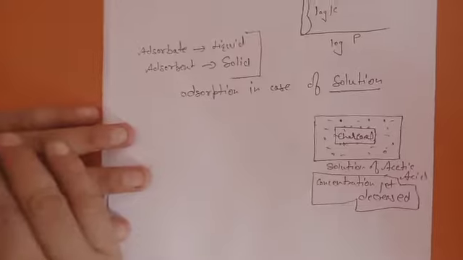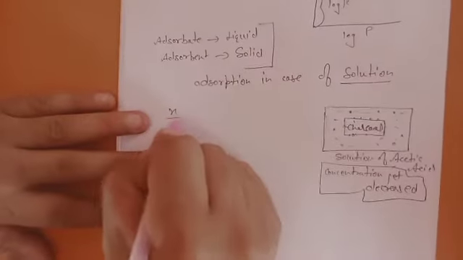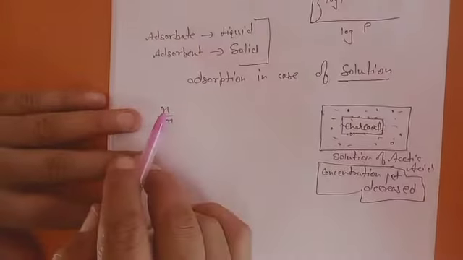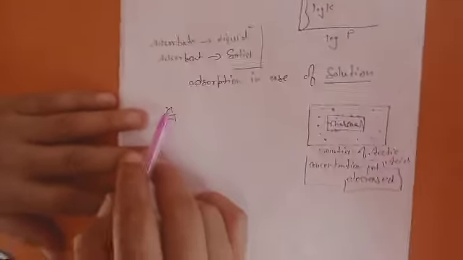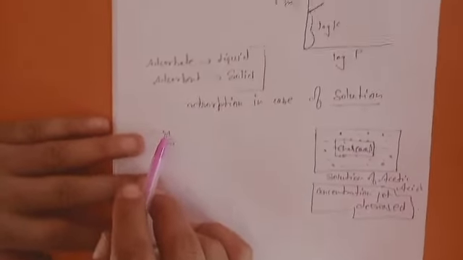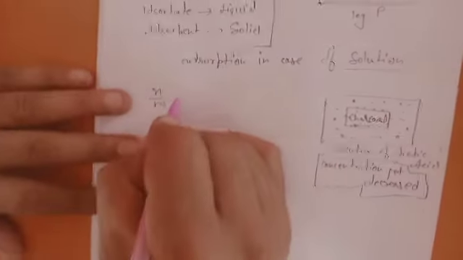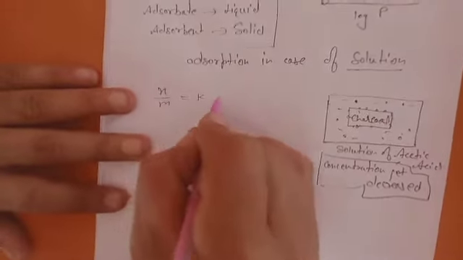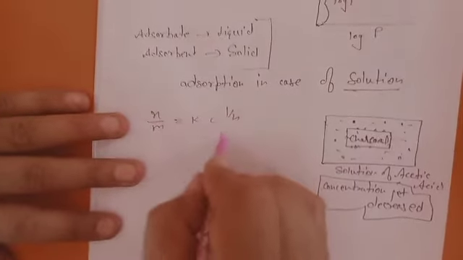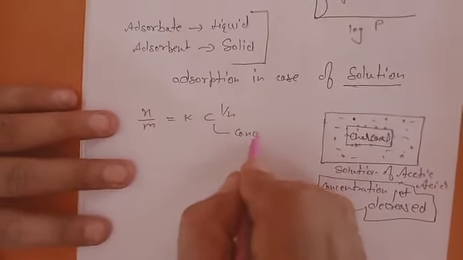So now in this case, if you relate the amount, x, in terms of mass of the adsorbate, m is the mass of the adsorbent. Then the equation will become in terms of C to the power 1 by n. This C represents the concentration of the solution.